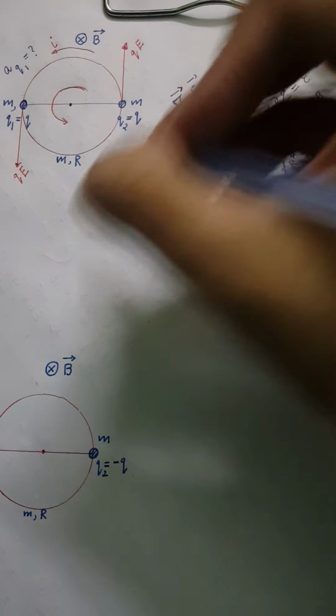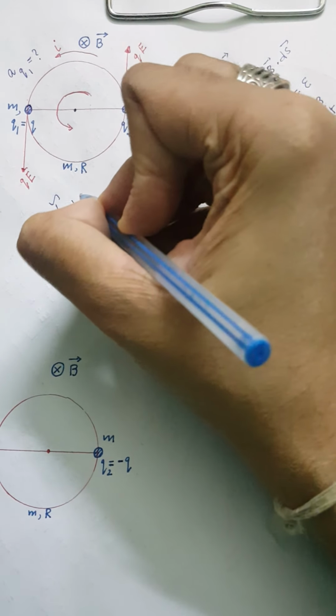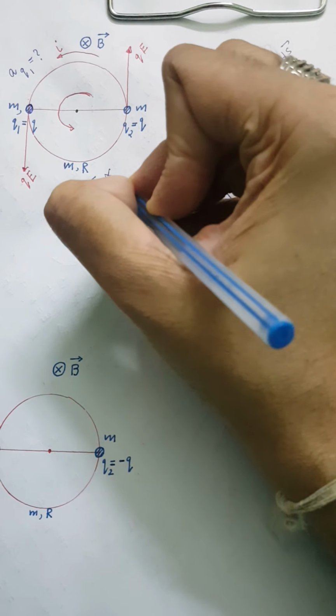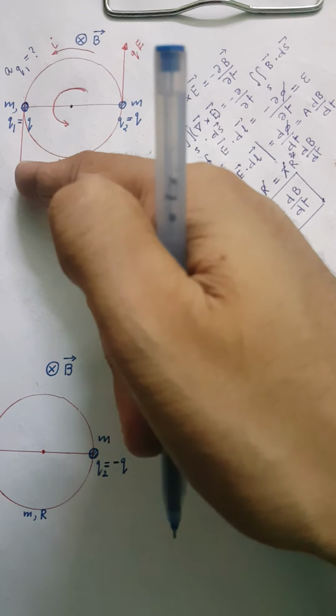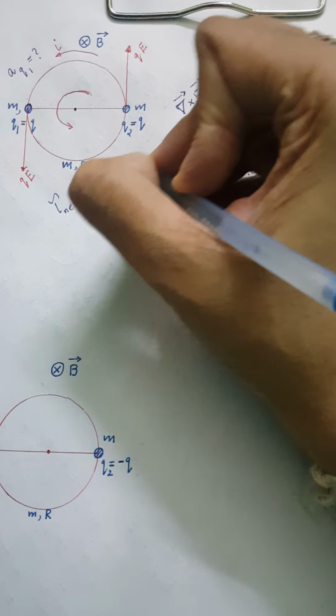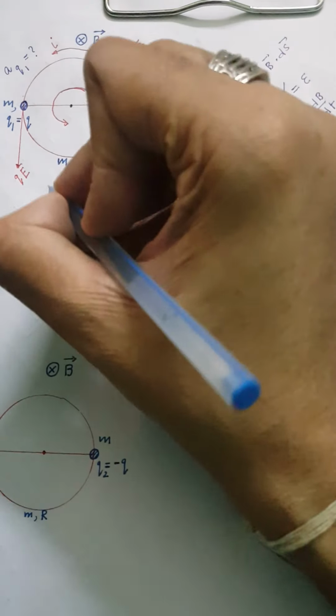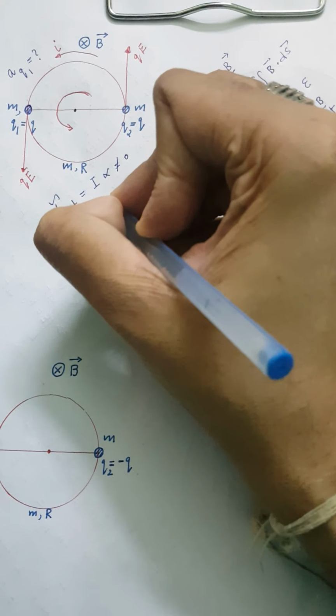And what is the torque? So torque tau net is equal to I alpha. Let's understand it. First of all, I also want to point out that these two forces are equal and opposite. So what is the net force on the system? There is a net torque, right? Not zero. And the net force on the system is definitely zero.